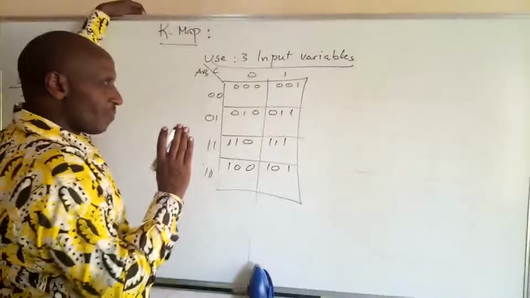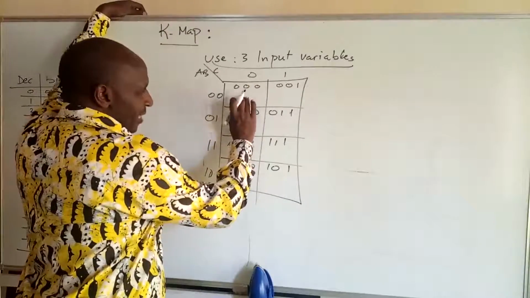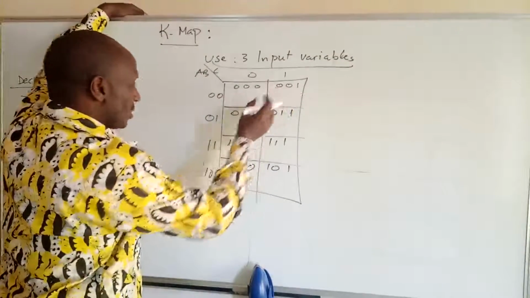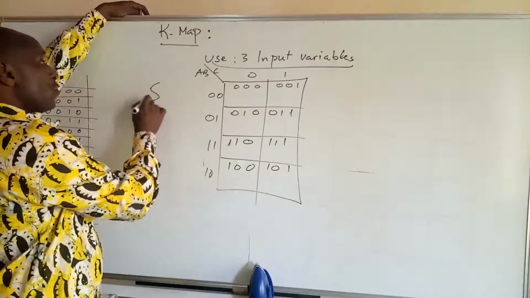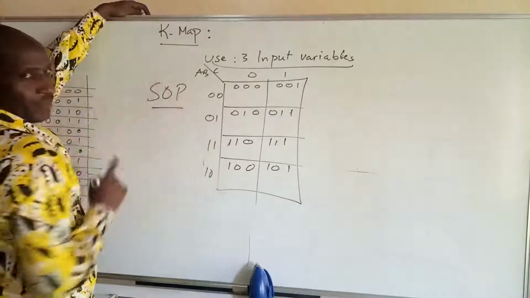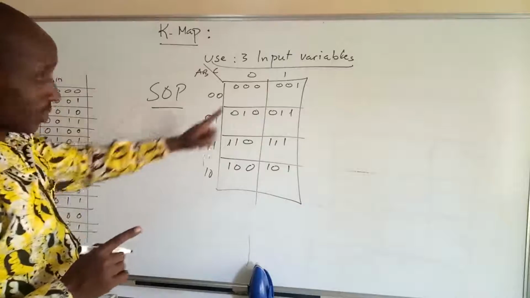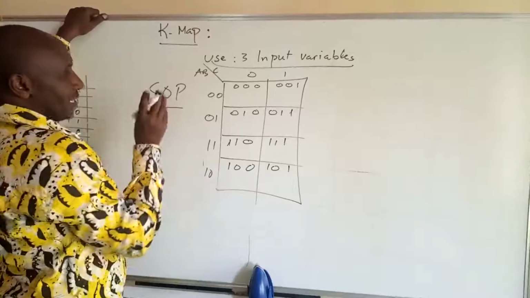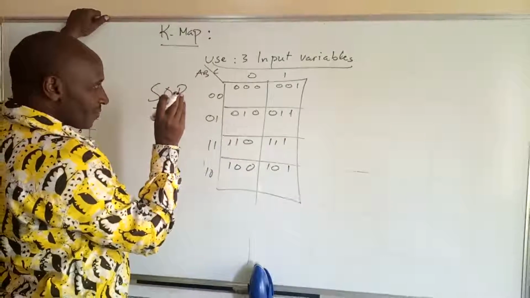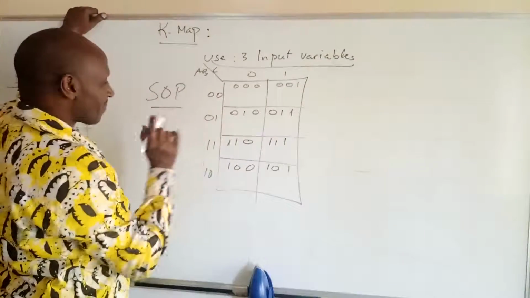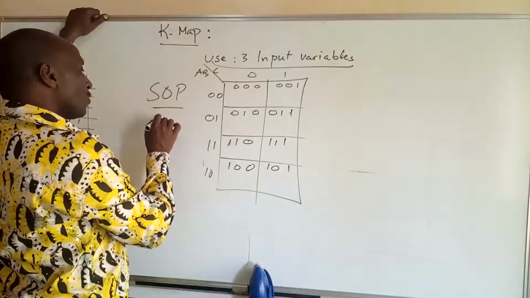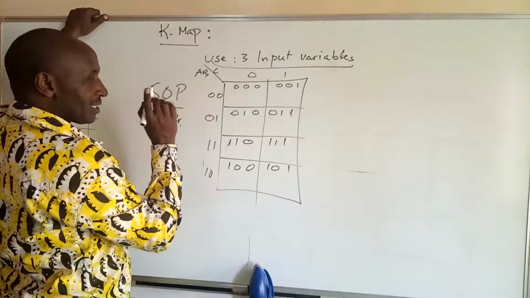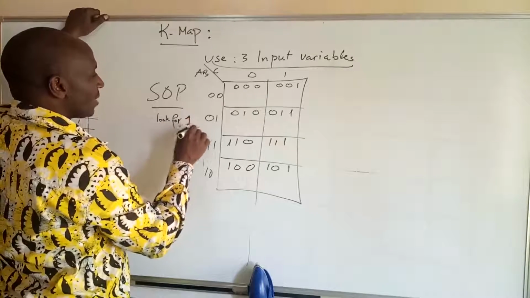Now let us put the variables inside corresponding to the values. Here, in the case of SOP, remember, for the product terms, we always look for what? 1. Look for 1. Remember this.